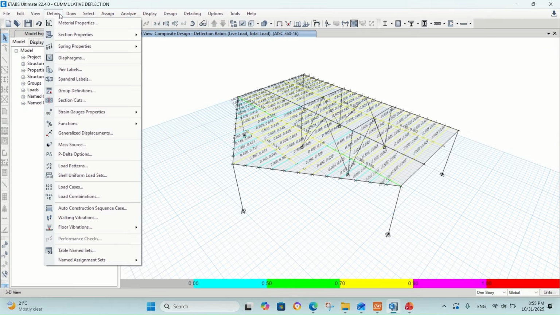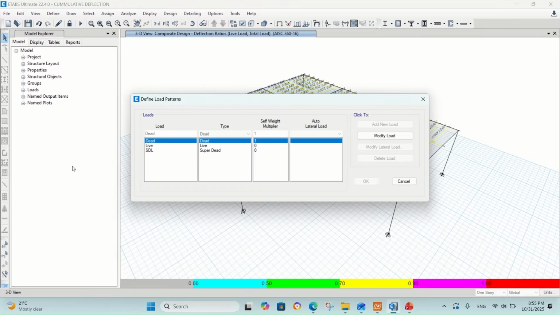Typically, some engineers go to the load pattern and go to the dead load and use the self-weight multiplier. So here, instead of having one multiplier, we have 1.1 or 1.2. So this 15 to 20% will account for the weight of the connection.